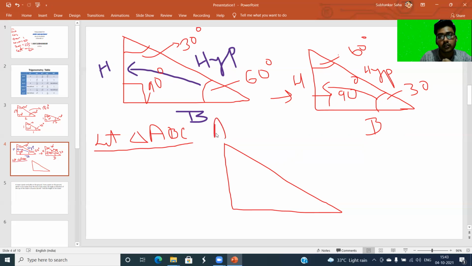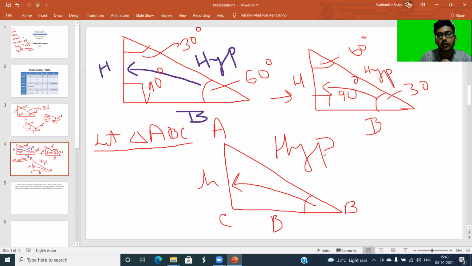We take only this angle. Looking at this angle, the side facing this angle is the height, then the base, and the hypotenuse.